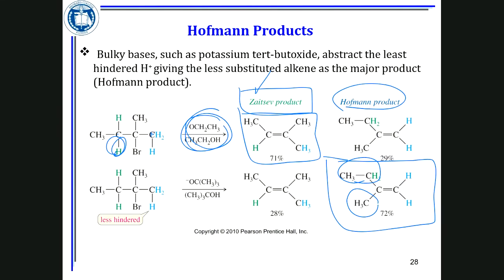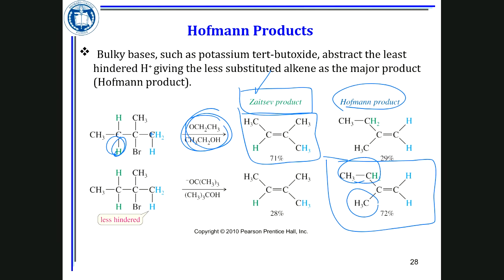Hofmann product is not the preferred product, but if that's what you want to make, like if you want to make 1-butene, and that's the only product that someone asks you to make, then you cannot say, because 2-butene is more stable than 1-butene, I'm going to make 2-butene, because you're not going to make a decision based on the stability of the product.